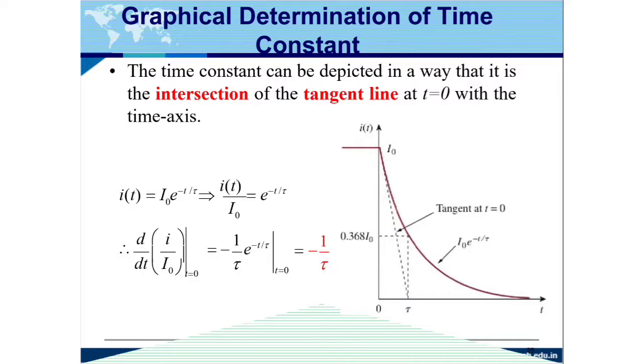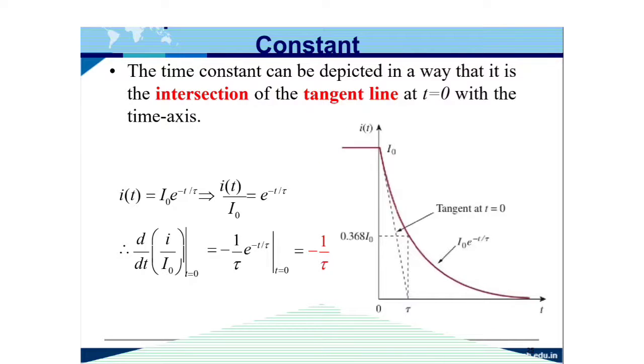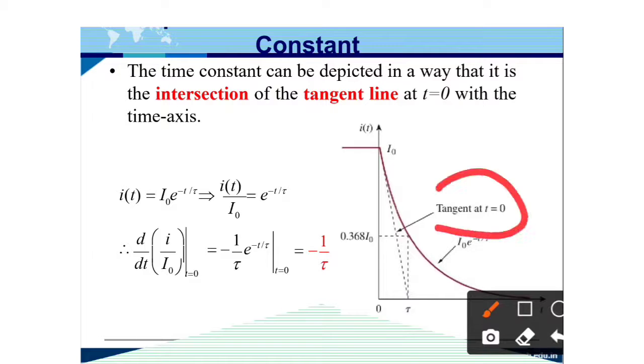So this graph is I of t versus time, with the tangent at t equal to 0 and the intersection with our equation line. Here I of t equal to I0 e raised to minus t upon time constant.